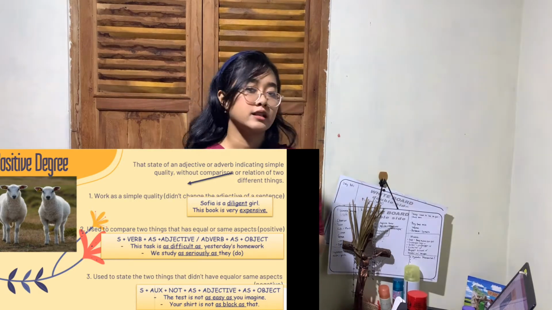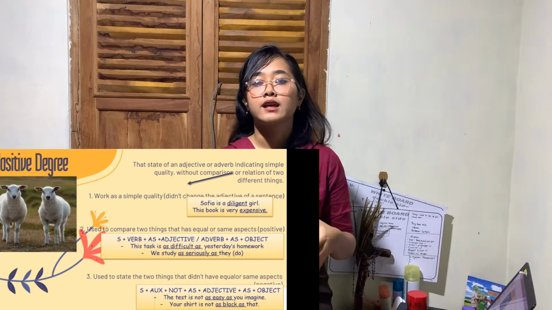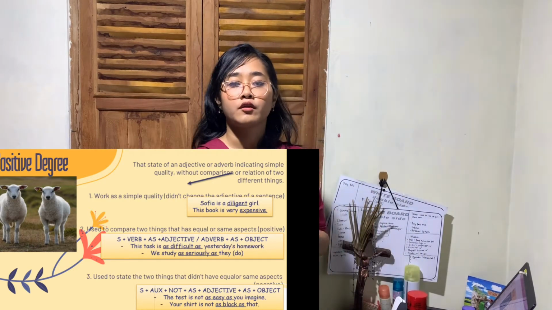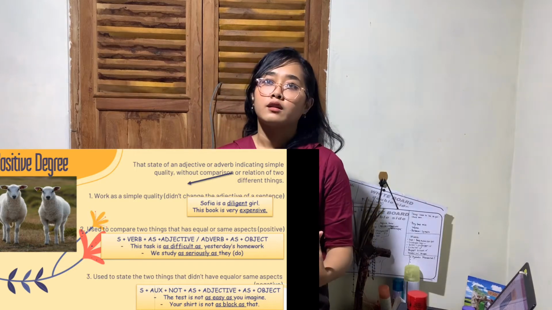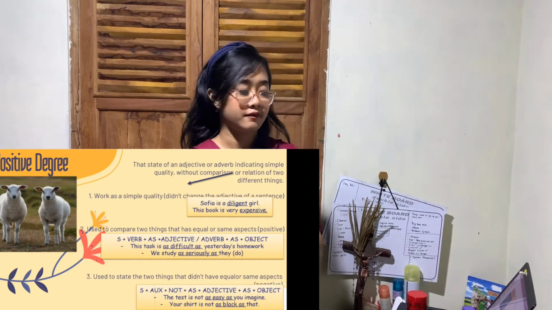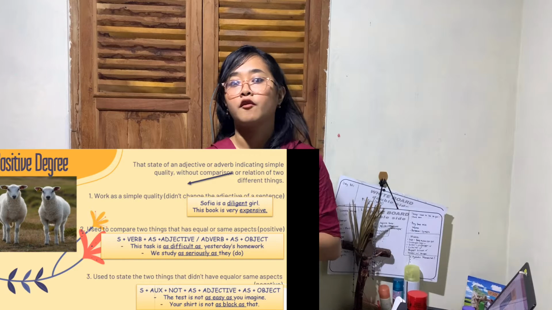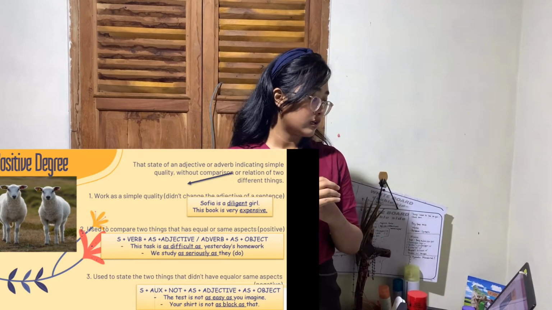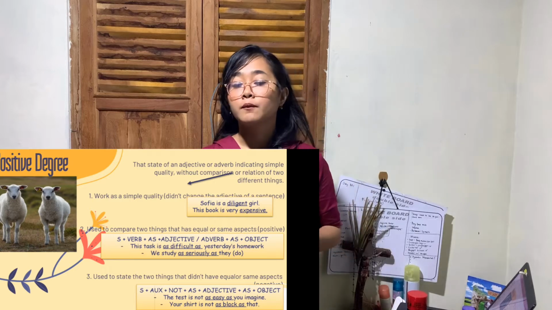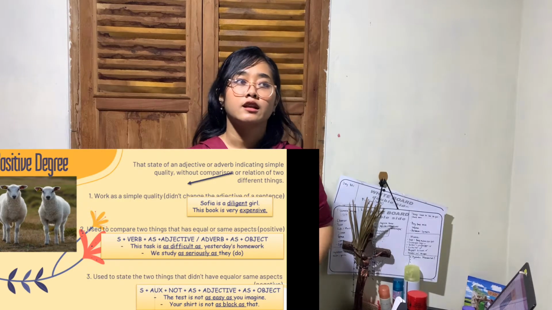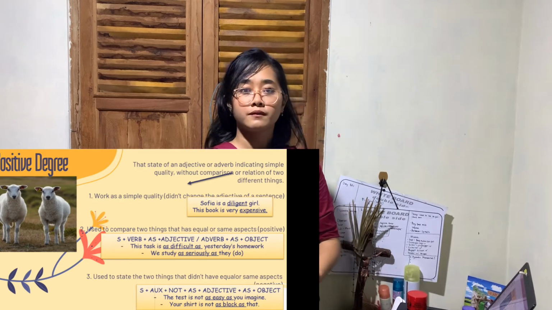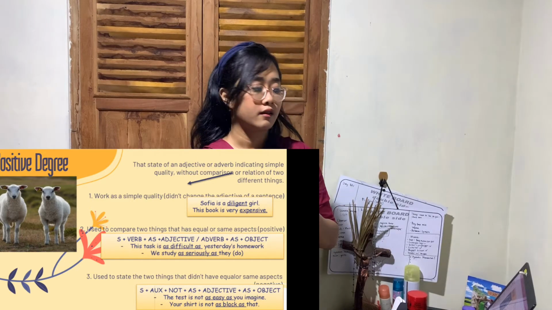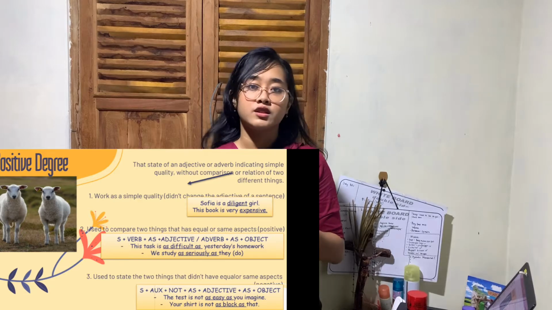It states the simple quality of a person or a thing without modifying the adjective, because it's the basic form of an adjective or adverb. Actually, the positive degree has 3 different functions. The first one, it works as a simple quality and it does not change the adjective.